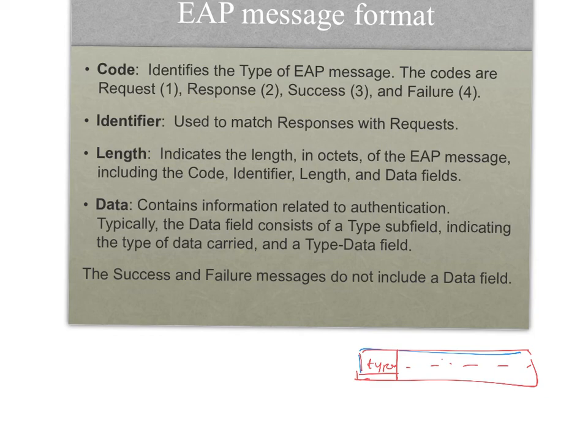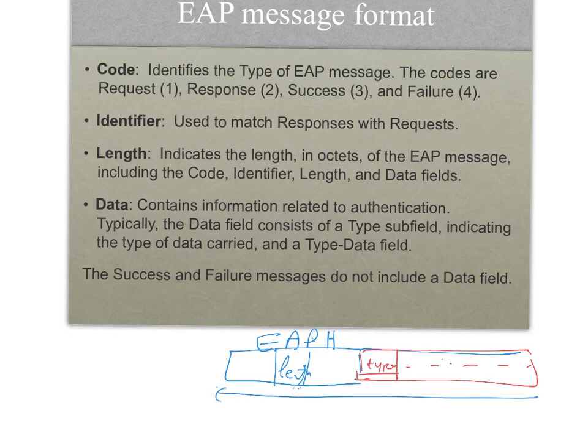This is the EAP header, and it has the length field, which refers to the size of this entire message. You have a length field, an identifier, and a code. Those are the most important three fields in this message: the code, the identifier, and the length, and then the data.